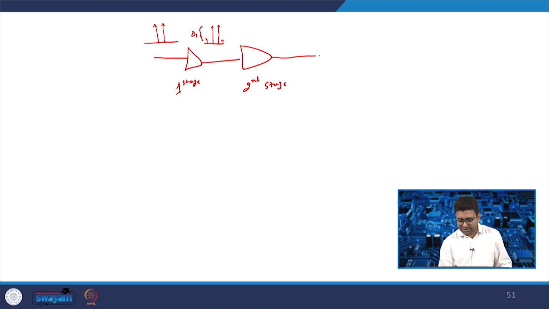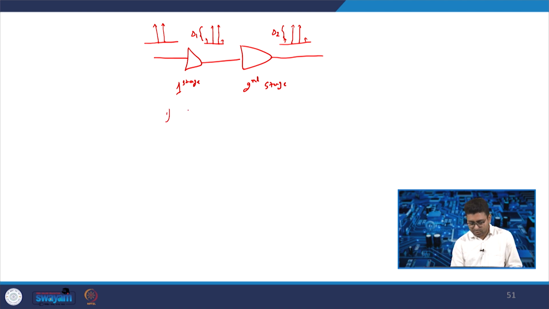And when the same input is given to the second stage, you will have the difference of delta 2. So when you have a cascaded system, and there is a non-linearity in the first and second stage, there are two possibilities.